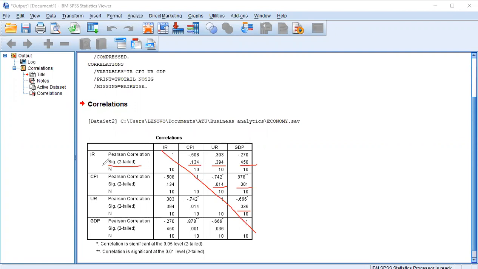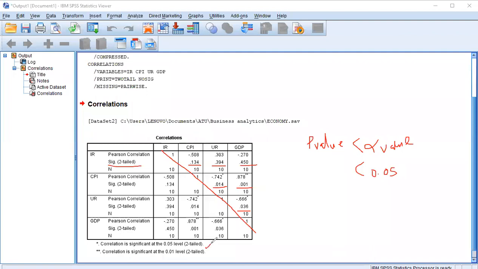Good. So our standard of comparison is that your p-value should always be less than your alpha value, which is 0.05 in this case. The default is 0.05 here.